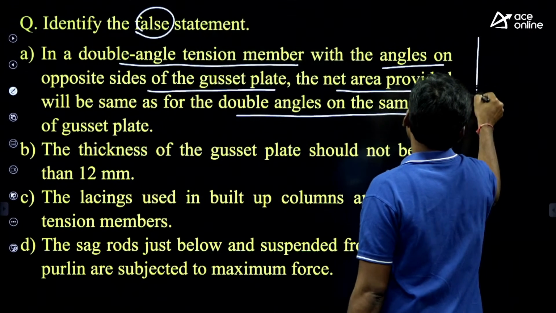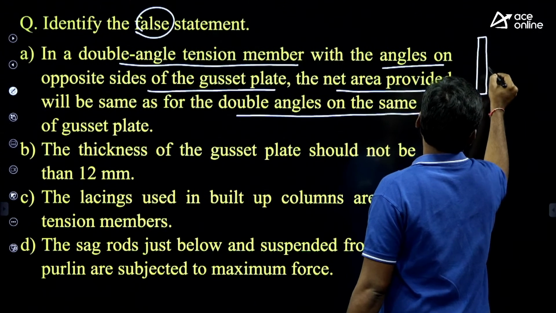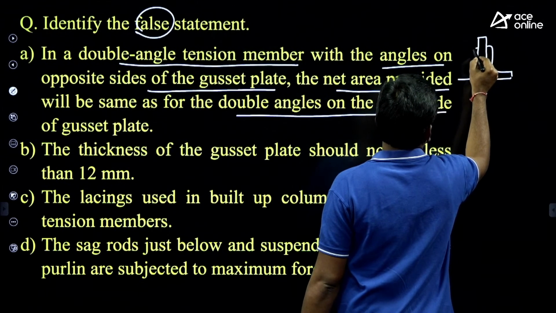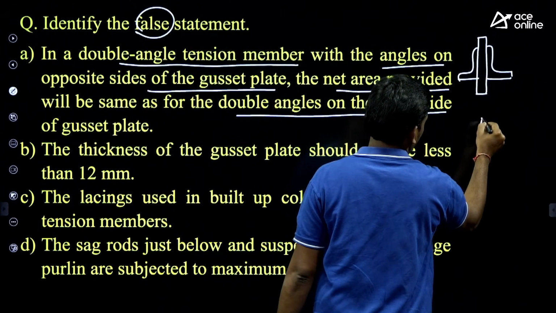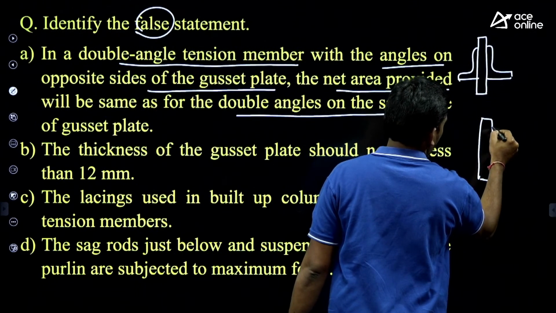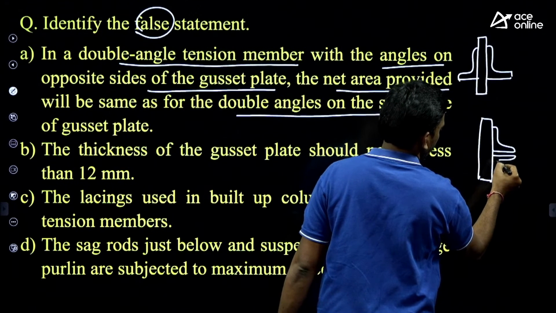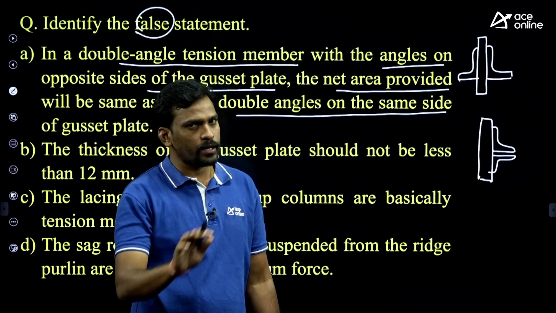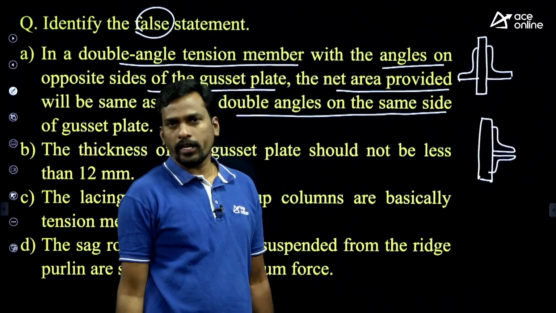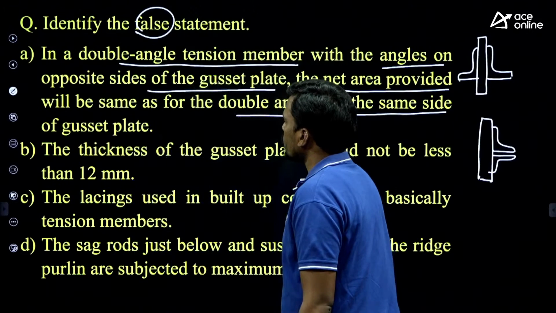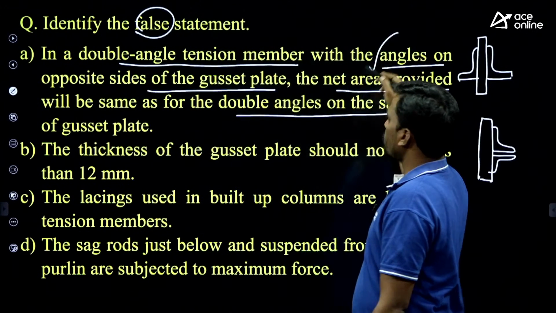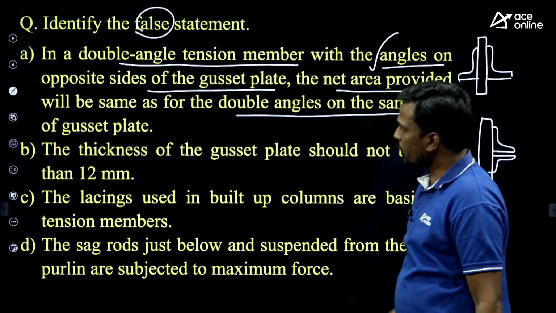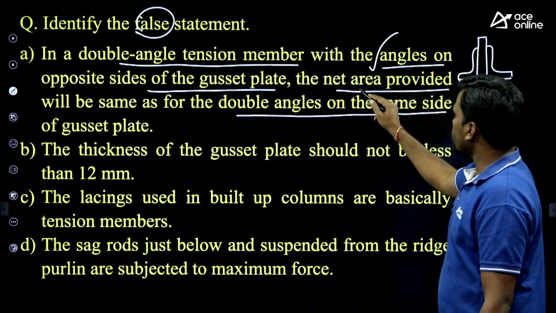Students, this is the gusset plate, and double angles are connected on opposite sides or on the same side of the gusset plate. Whether it is opposite sides or the same side, the area won't change. The area is the same only. So statement 1 is correct.